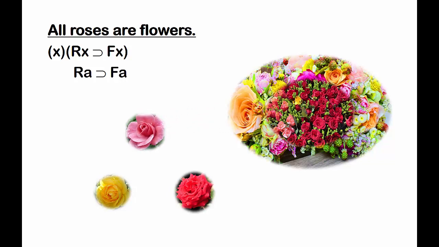This tells me that any random object that I pick out of the universe of any possible objects, if it is a rose, it's also going to be a flower, which also means that I can represent that fact by using an unbound or free variable to represent the fact that any random object in the universe, even if it's not any particular one, if it ends up being a rose, it's also going to be a flower.